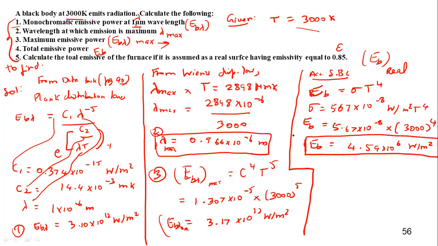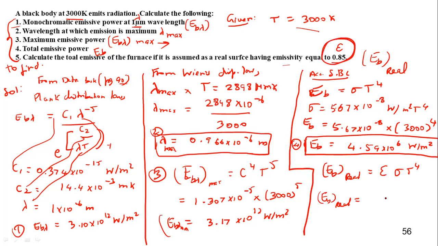Okay. Next, finally, we find the total emissive power with respect to real surfaces. Okay. So the same formula is used, but with the emissivity value: emissivity into sigma T to the fourth power. So this is also from the Stefan Boltzmann law. So we substitute the values for the total emissive power of the real surface. The emissivity is 0.85.